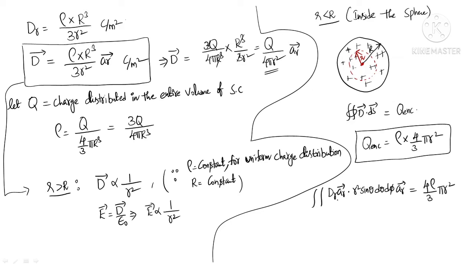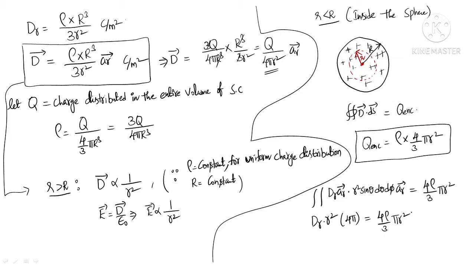For this integration you will get D r into r square out of the integration, and if you take the integration of sine theta d theta d phi, that value comes out to be 4 pi. I don't want to find this again, and it is equal to 4 rho by 3 pi r square.